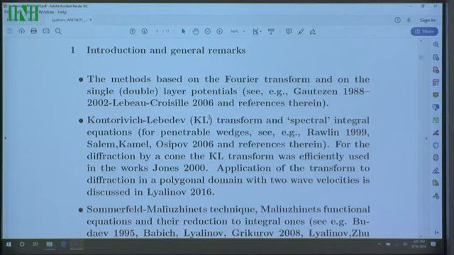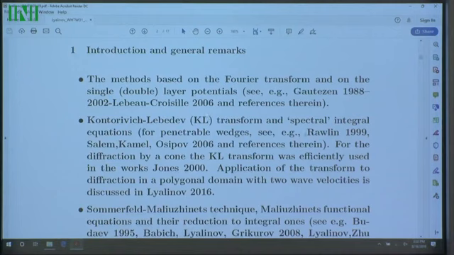The second transform, which is also used, for example, for such kind of polygonal domains and diffraction in these domains, we can also mention the Kontorovich-Lebedev transform. And the advantage of this transform is that you can immediately reduce your problem, boundary value problem or diffraction problem, to some integral equations without any additional work.